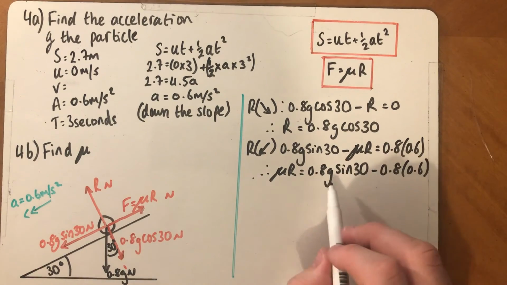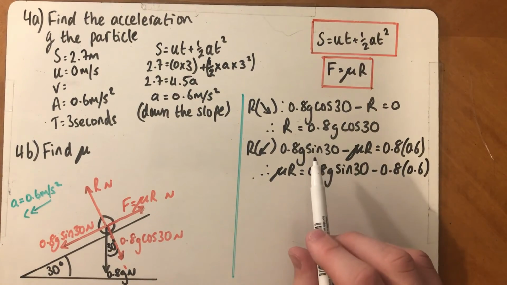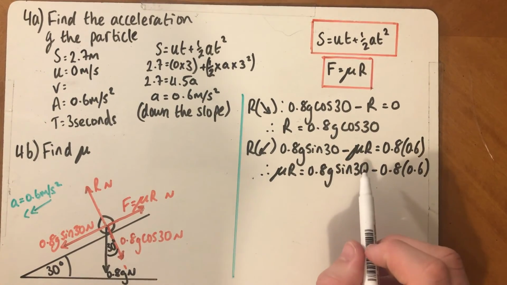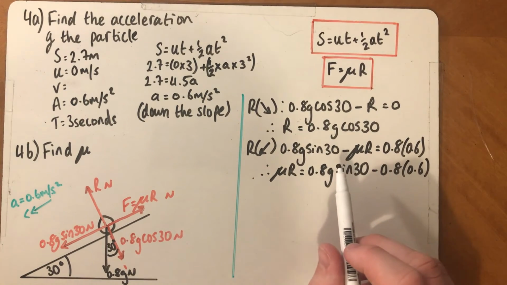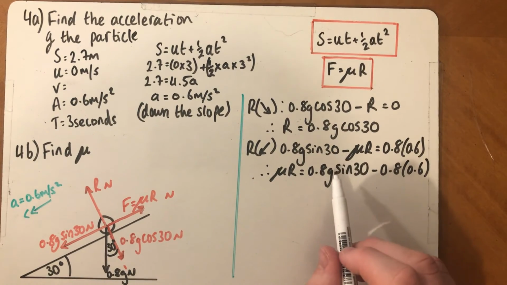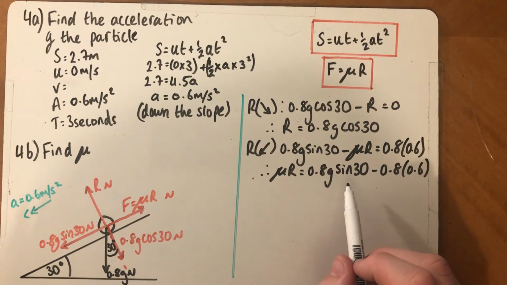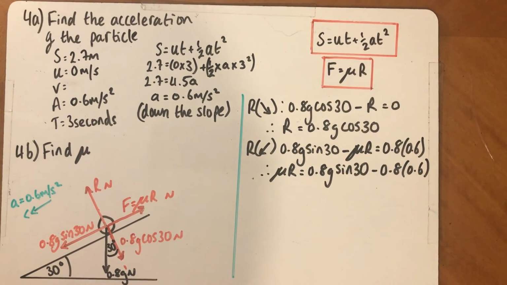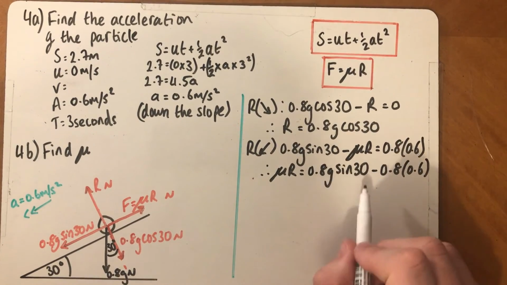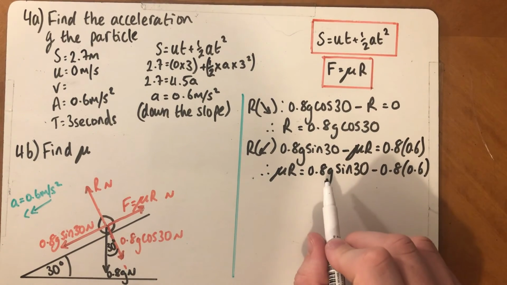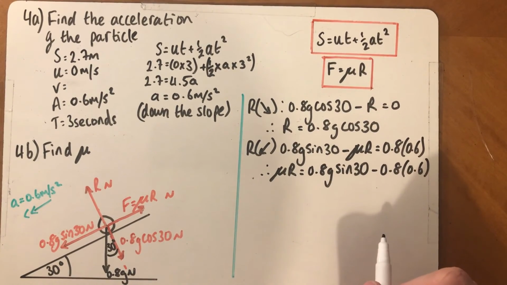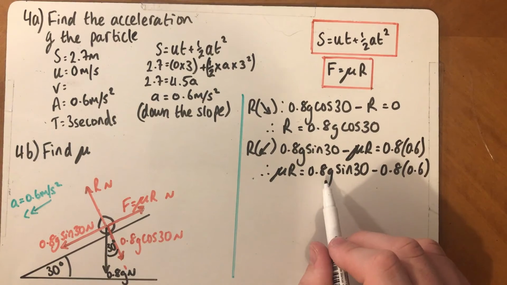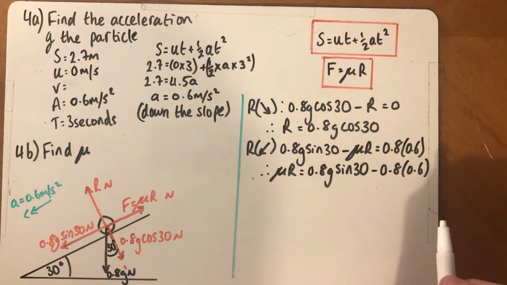And I'd recommend you keep everything in terms of sine and cos, because despite the fact that we can compute exact values for sine 30 and cos 30, we could get angles that are not as friendly, and that would be very messy. So I'd recommend you leave everything in terms of G, sine and cos, rather than subbing in G is 9.8 and putting in all the values exactly.